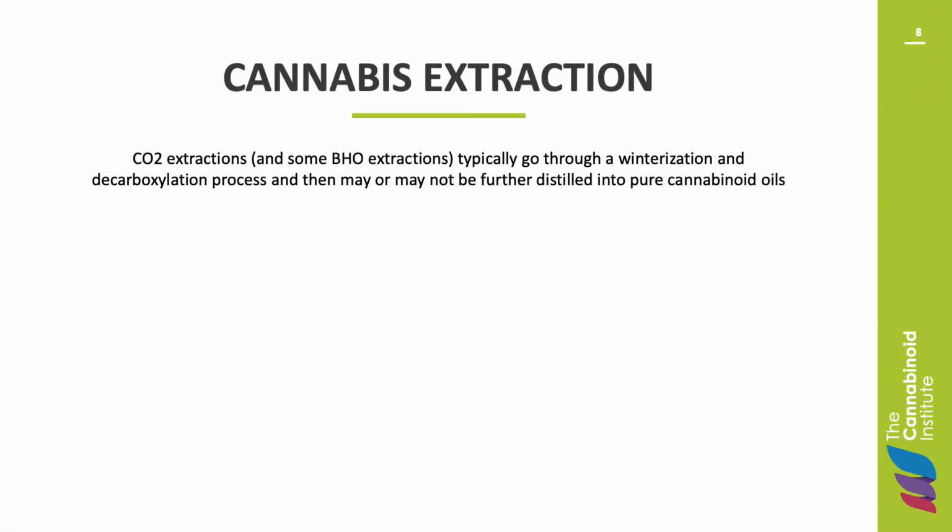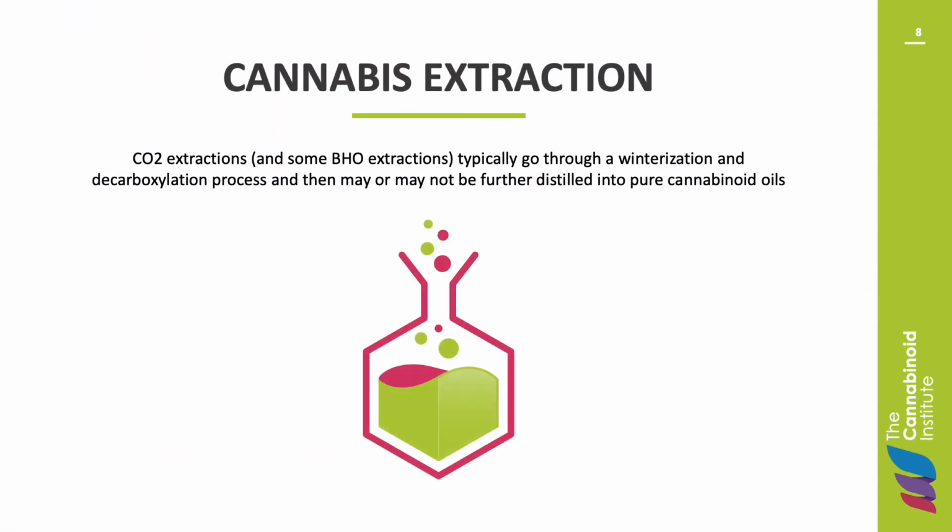As mentioned, supercritical CO2 extractions, as well as some hydrocarbon extractions, typically go through winterization and decarboxylation processes, and then may or may not be further distilled into pure distilled cannabis oil. Winterization is the process which removes fatty acids and waxes from the crude cannabis extract.